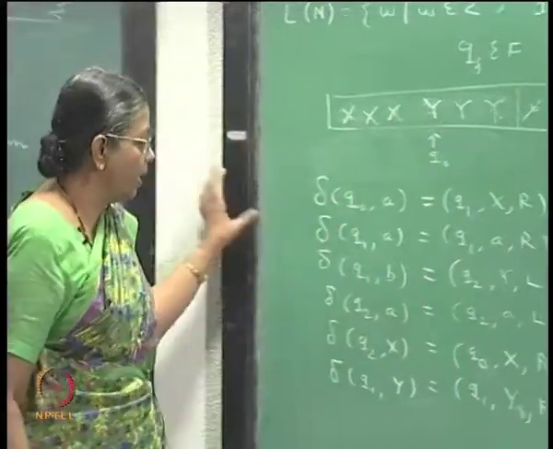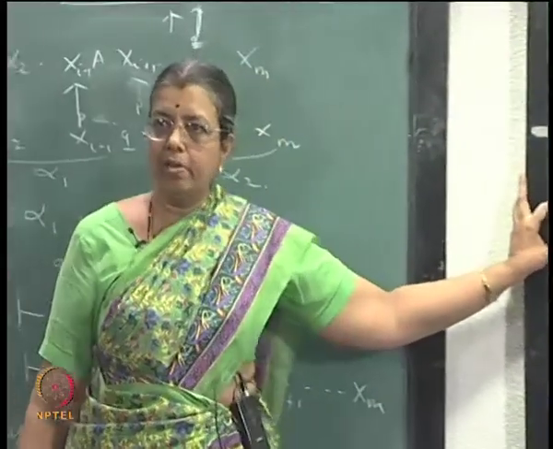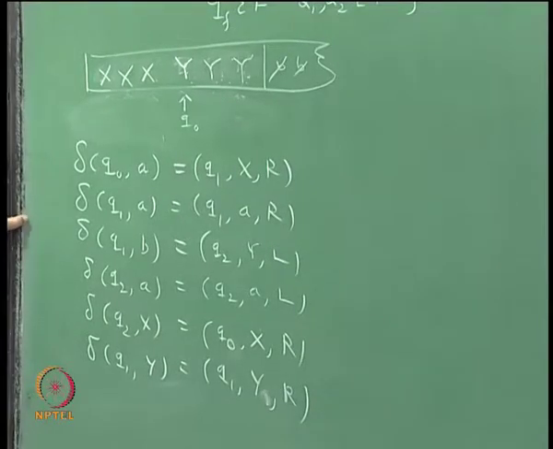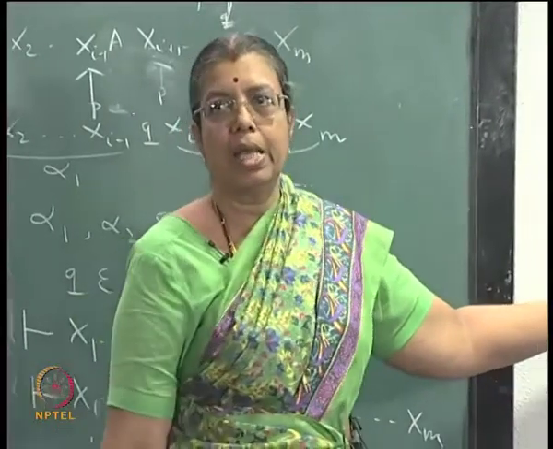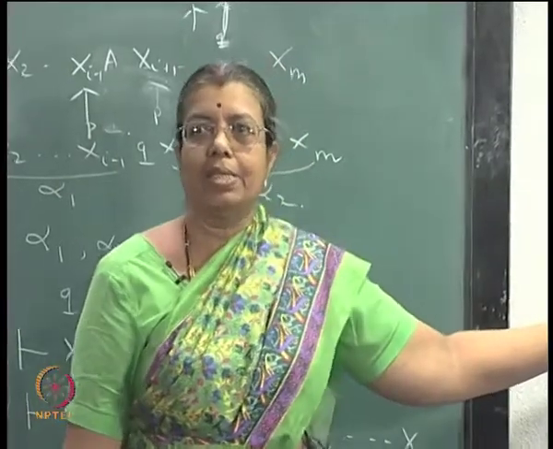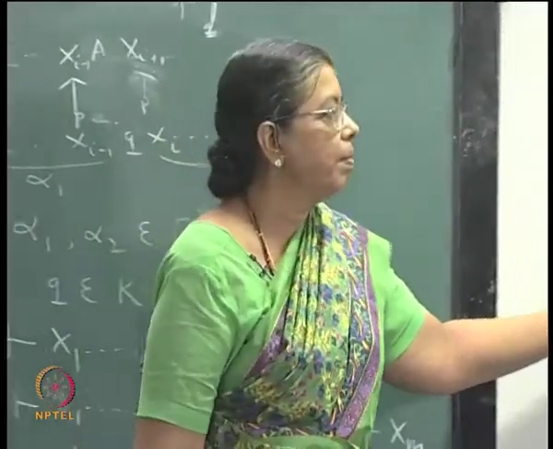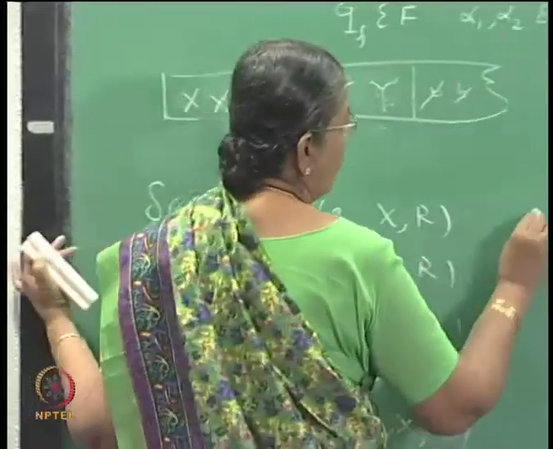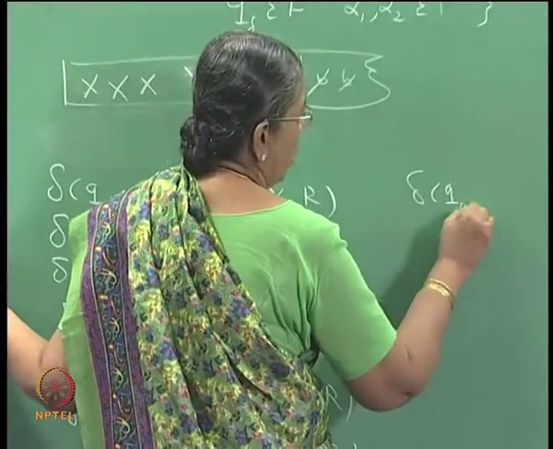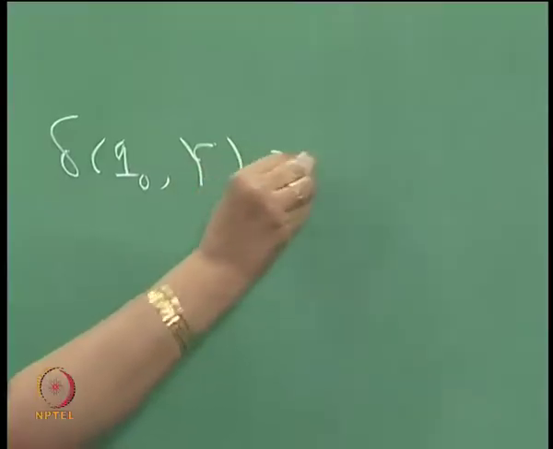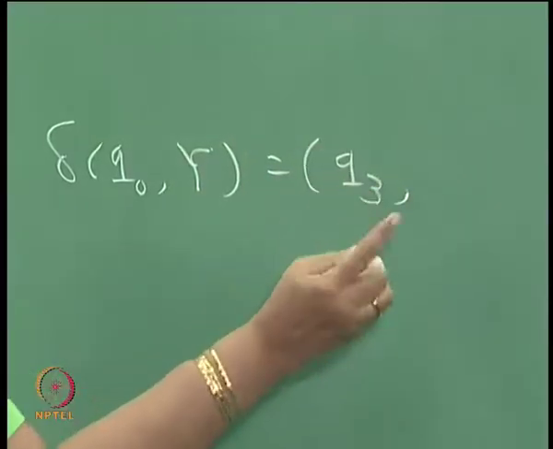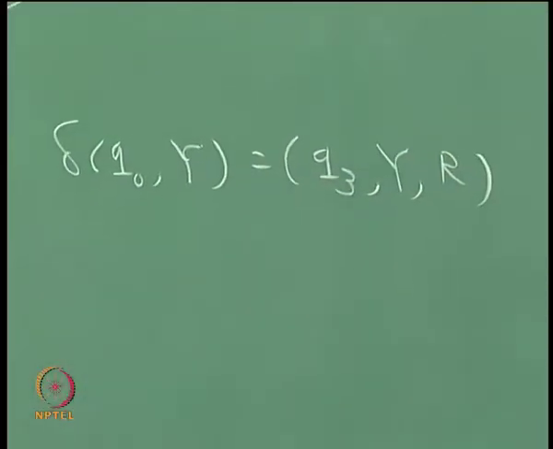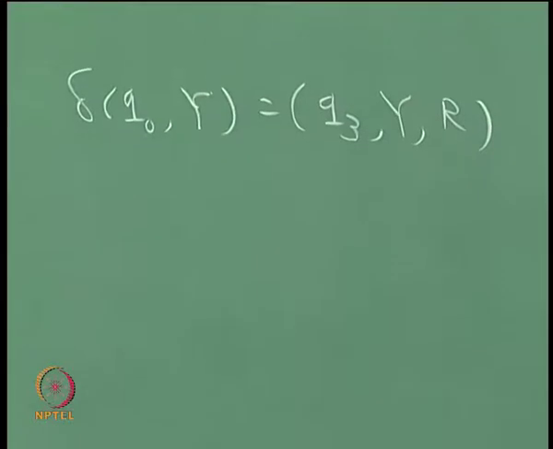Now, in Q naught it is supposed to see an a to start the next pass, but what is it seeing? It is seeing a Y, that means it has exhausted all the A's. So, delta of Q naught Y is, it goes to another state Q3 Y R. Now, it must see that there are no more B's remaining.